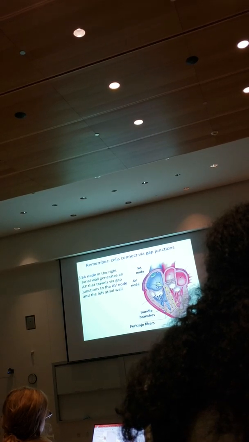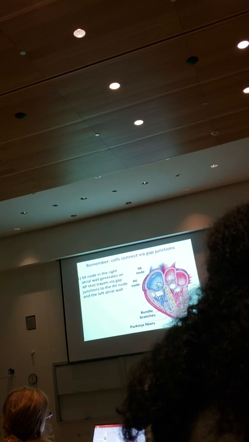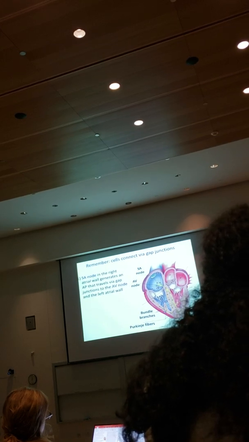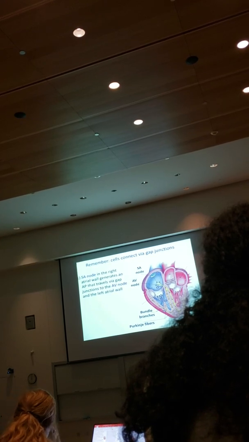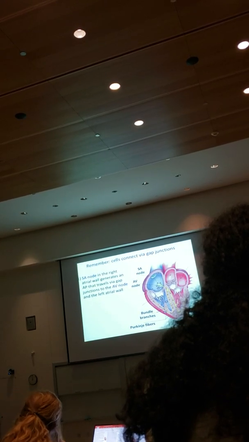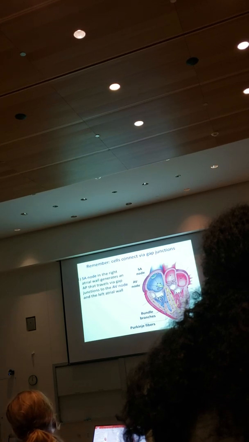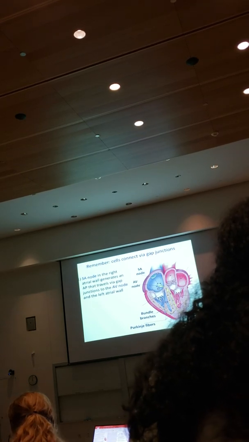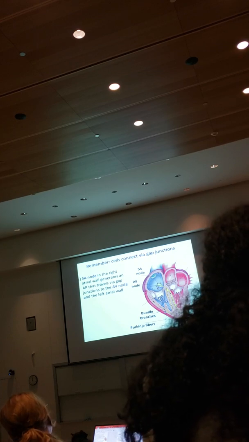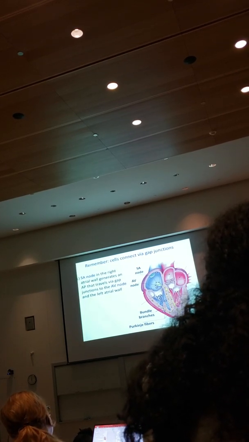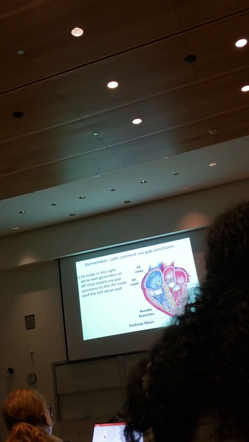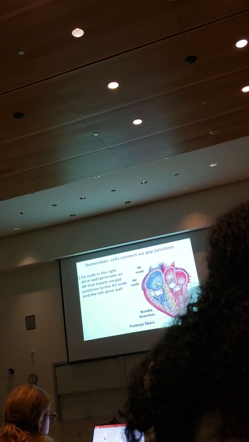But the same thing goes in the left one. So if I have gap junctions between the floor here and this part, the action potential will go from this part, the laser point, to this part. But actually here we don't have gap junctions. We don't have gap junctions that connect the atria, left or right, with the ventricles.